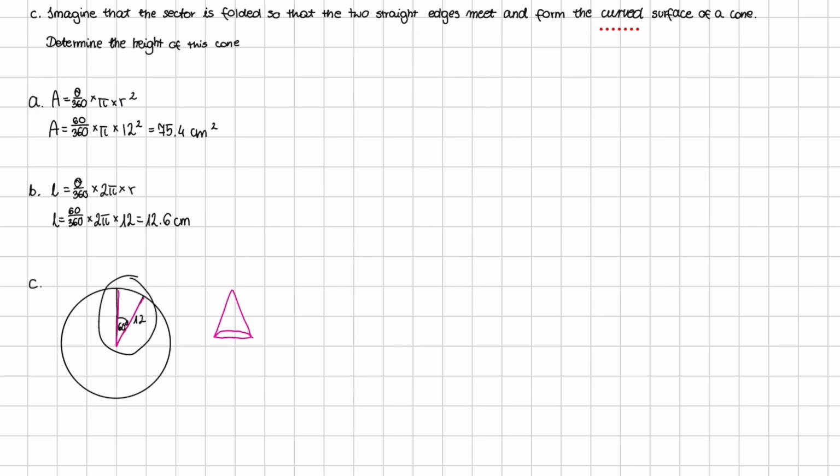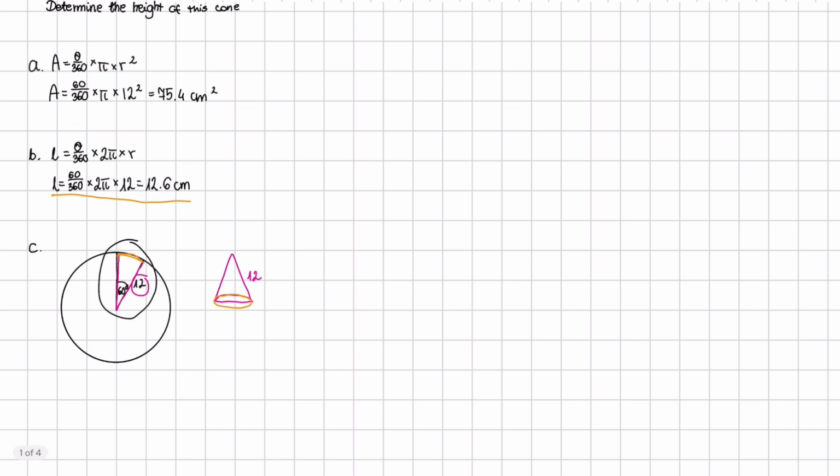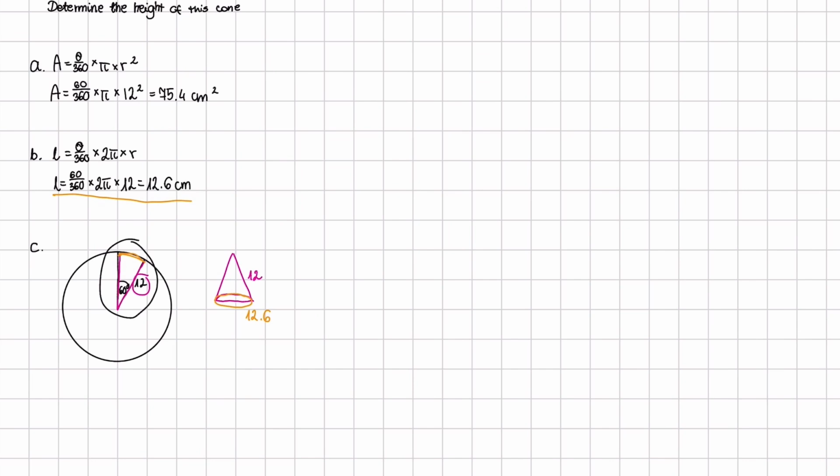So this radius is in here because it's our slant height as radius from our circle, and here we have our length, this length. So it's basically the circumference of this circle, so the base of our cone, so 12.6.